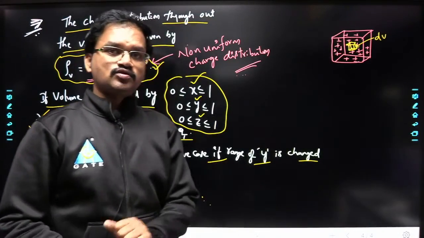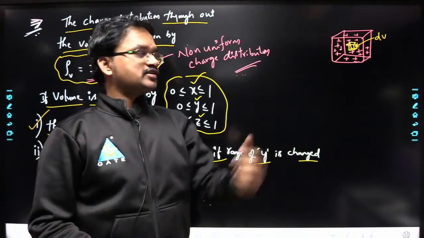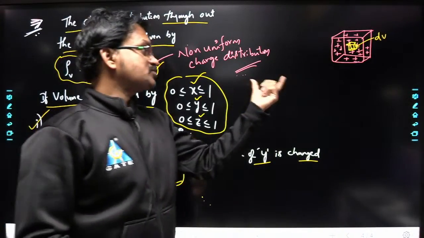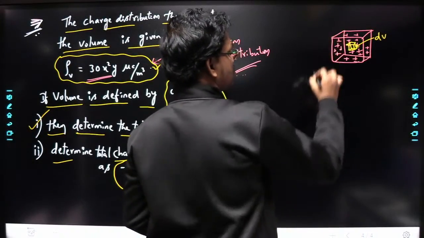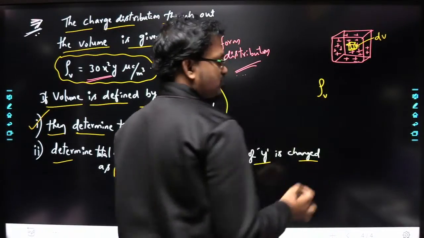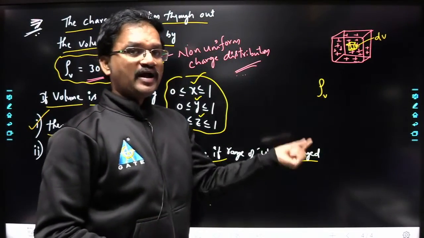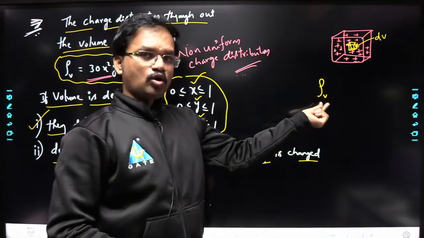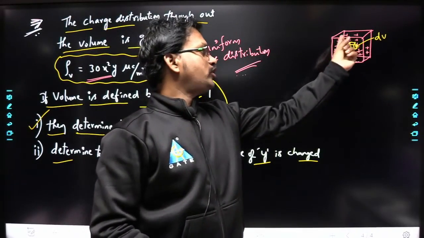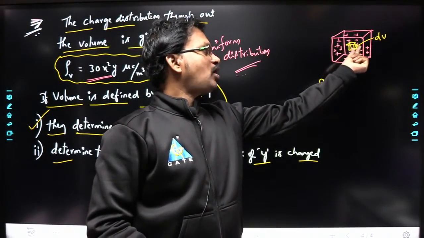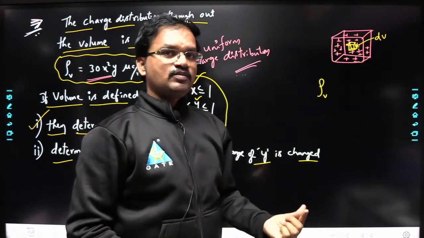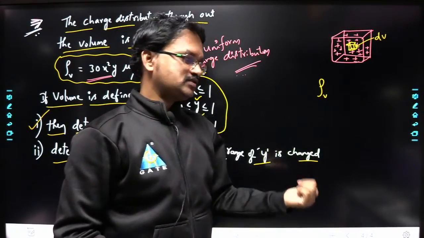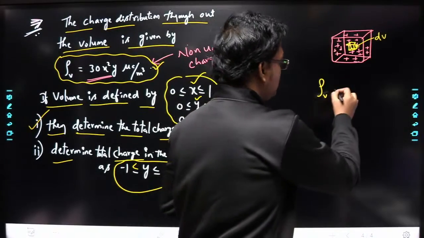See, the charge per unit volume is nothing but rho v. Then the charge distributed over this small differential volume dV is nothing but rho v into dV. Yes or no? It is nothing but rho v into dV.